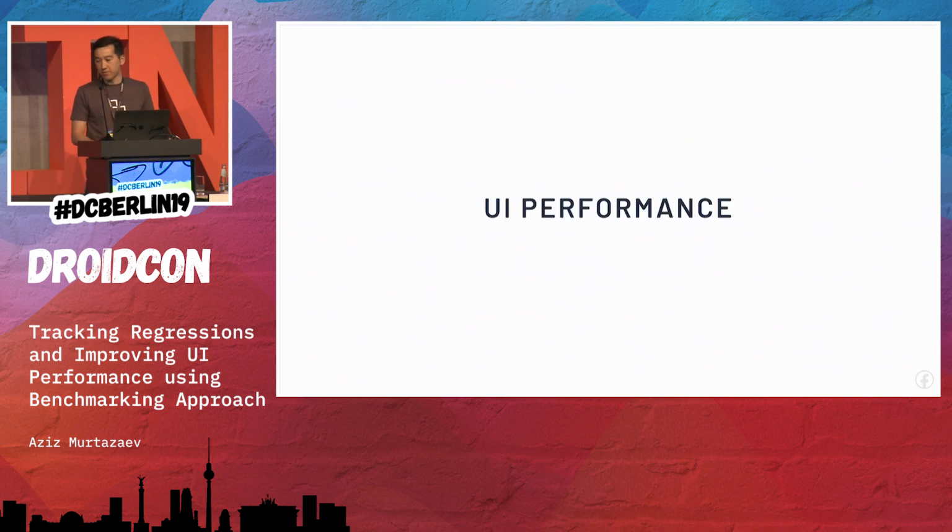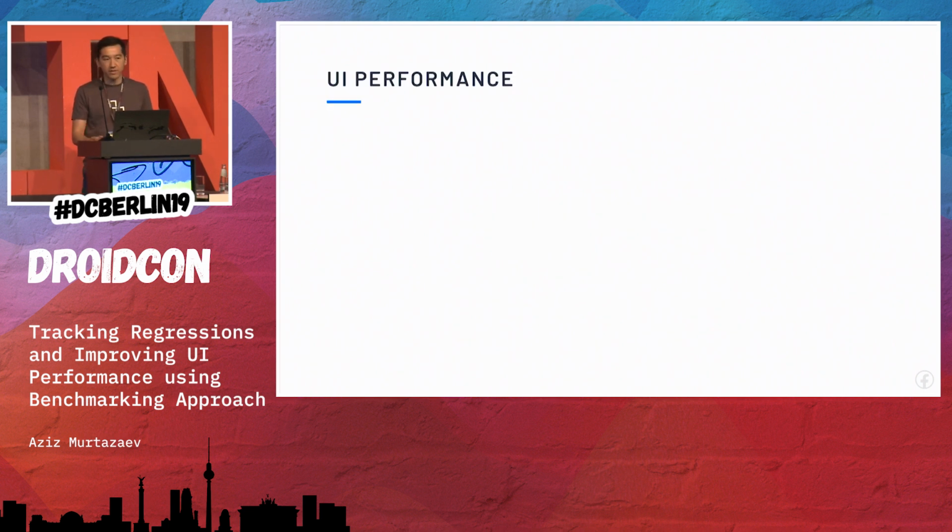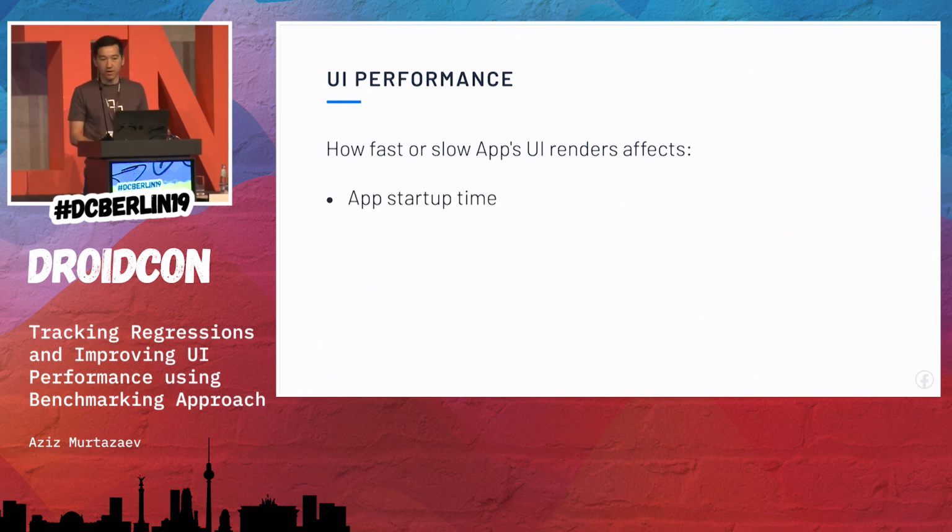So let's talk about UI performance. How fast or slow your app UI renders affects startup time, screen transition time, and scroll performance. If your app starts in 2-3 seconds, it's not great, especially if you have a utility app where users just want to go to your app, check something, and then leave.